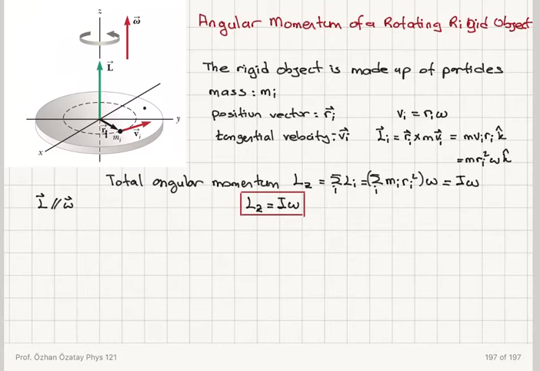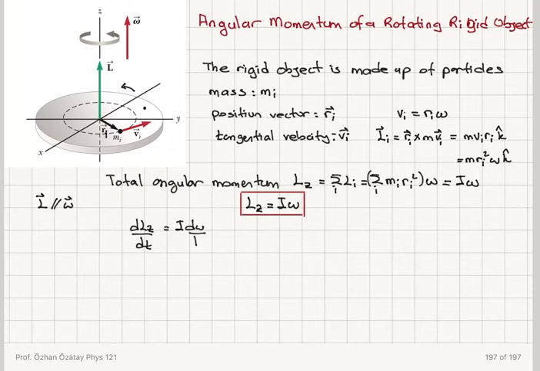And I find that this total angular momentum is parallel to the angular velocity omega. So it's a vector pointing in the k hat direction using the right hand rule. And why is that? Because this is the sense of rotation, and that is counterclockwise.